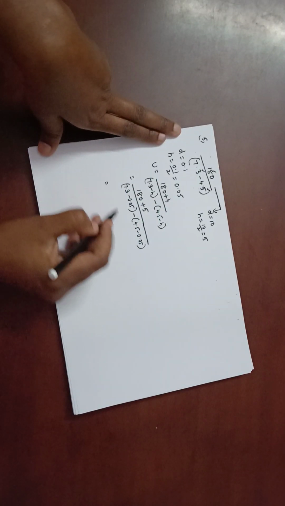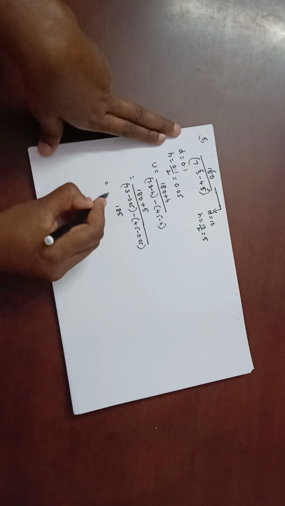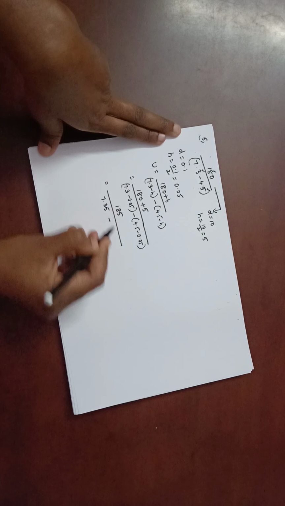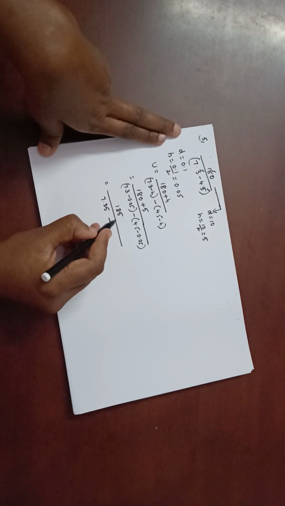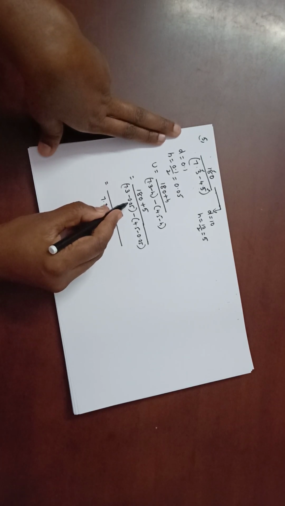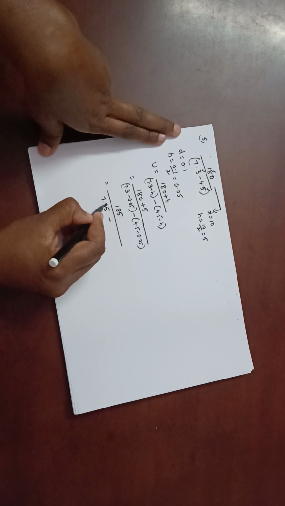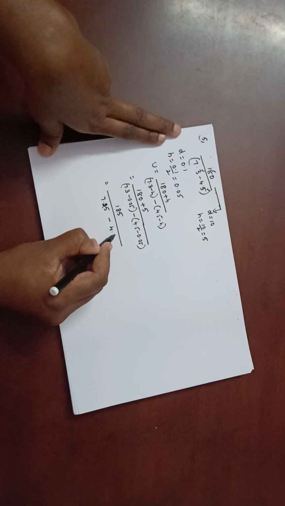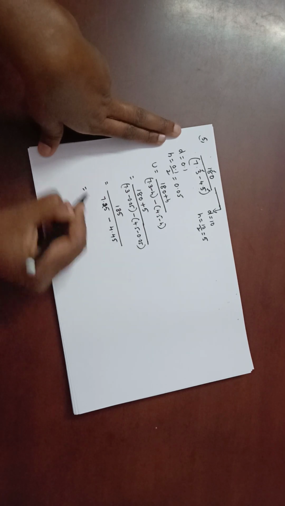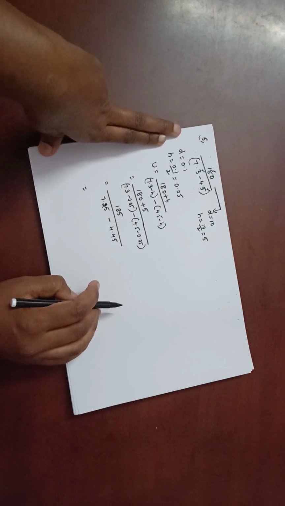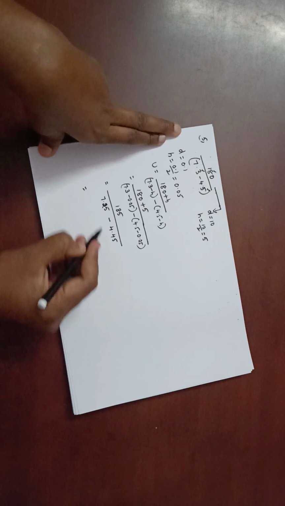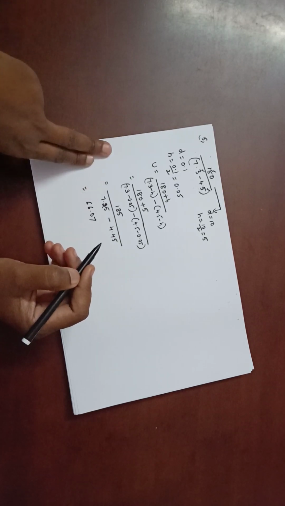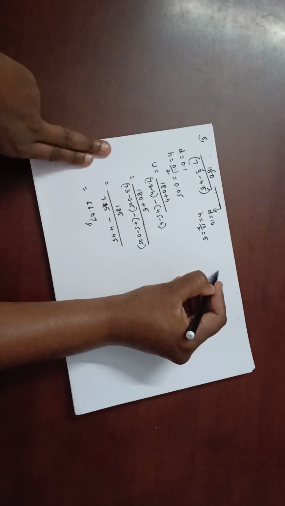Now 185 divided by 7.35 minus, it's not 7.25, here 4.45. So the value is 66.07.